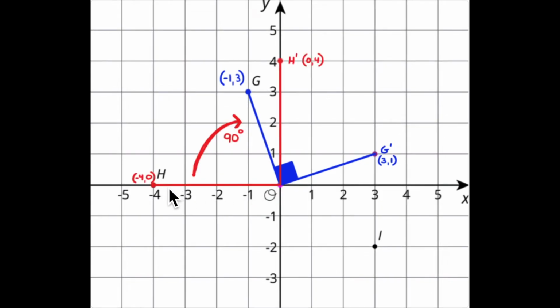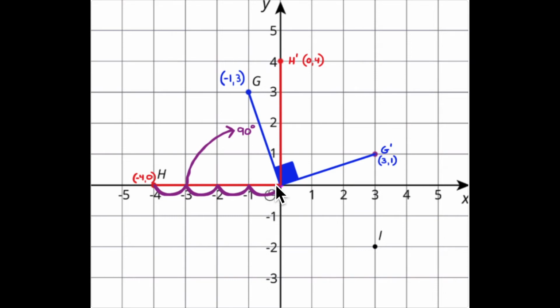The second one, H to H prime. H is located along the x-axis at -4 units, so this is -4, 0, and rotates 90 degrees, and now is located along the y-axis, so it moves to 0, +4. So notice that, again, the x-coordinate switches, so you can count out 4 units along the x-axis, 1, 2, 3, 4, and then rotate this 90 degrees, and just count up 4 units along the y-axis, 1, 2, 3, 4.